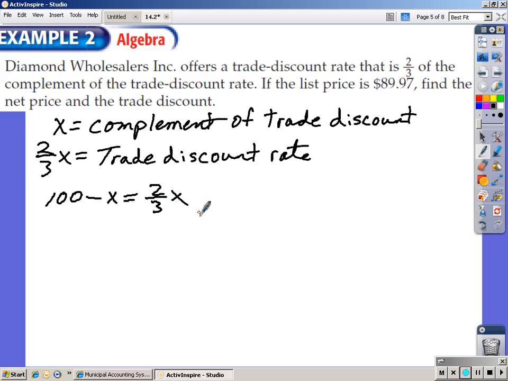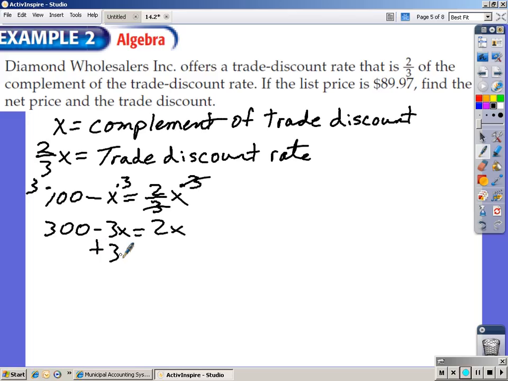Now, I myself thoroughly enjoy fractions, but I know many of you do not. So the first thing we want to do is get rid of the fraction. In order to get rid of the fraction, we need to multiply everything by 3. Okay? When we do that, that's going to cancel there. You get 300 minus 3x equals 2x.